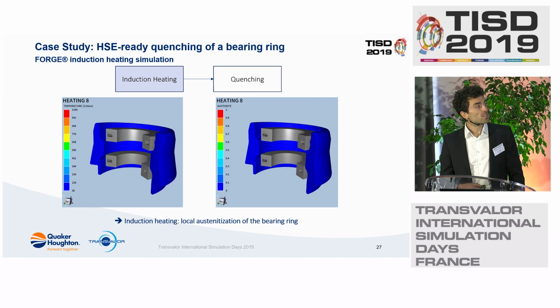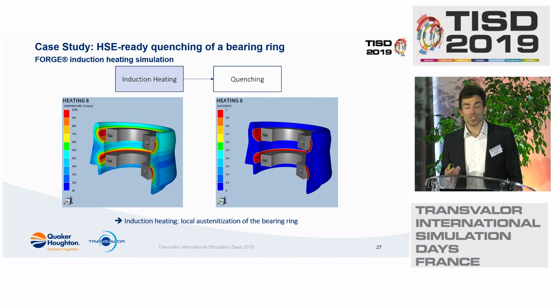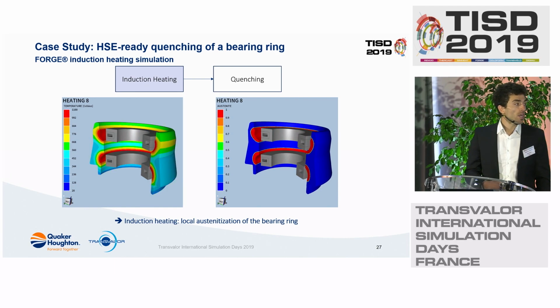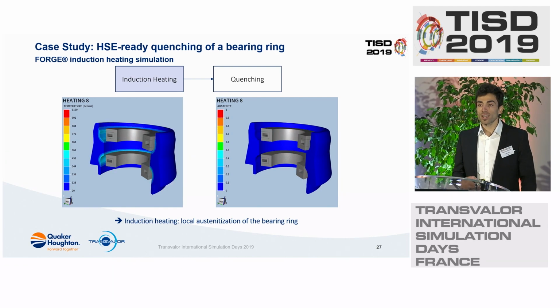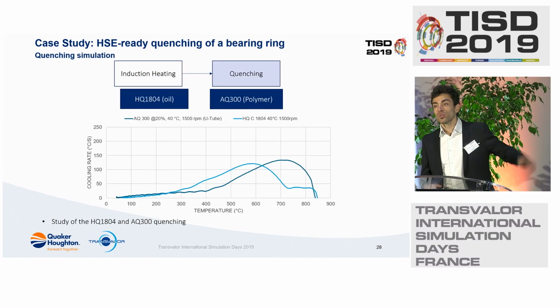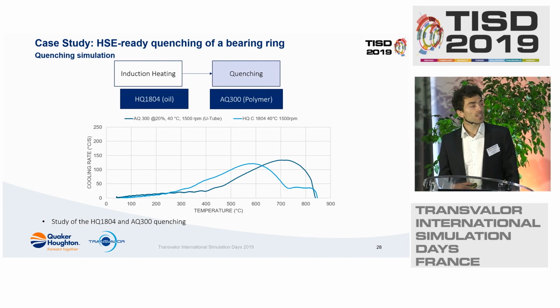What's important is that next to the inductor, the temperature increased, which led to austenitization of the high temperature parts, which will transform once again during the quenching. Then we will do the quenching simulation with the initial oil solution and the best polymer candidate.